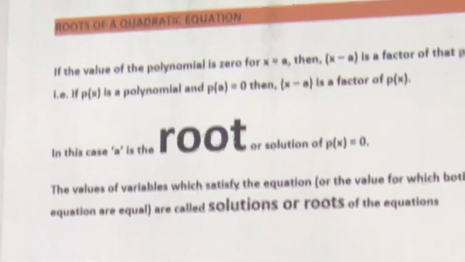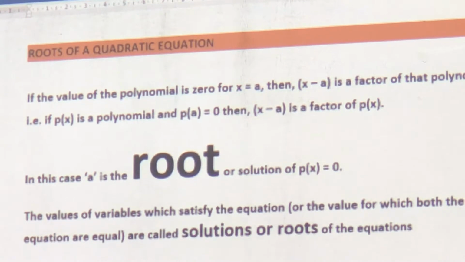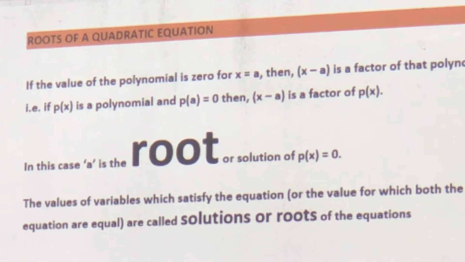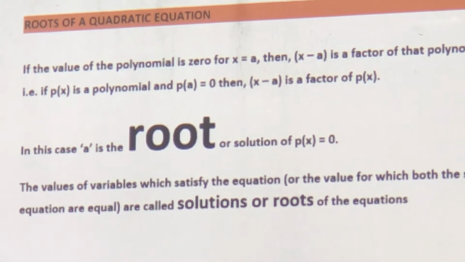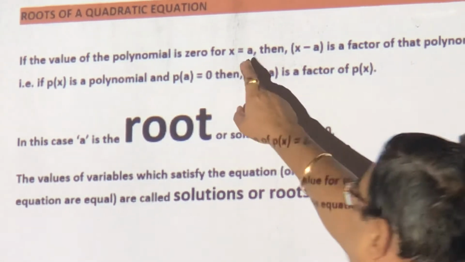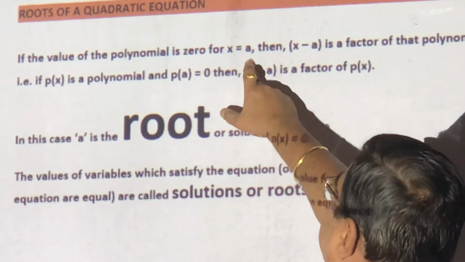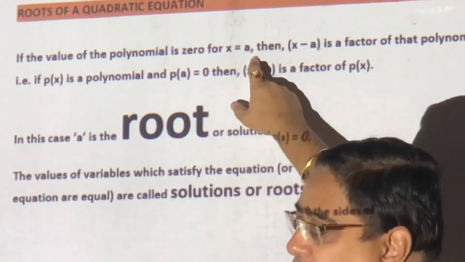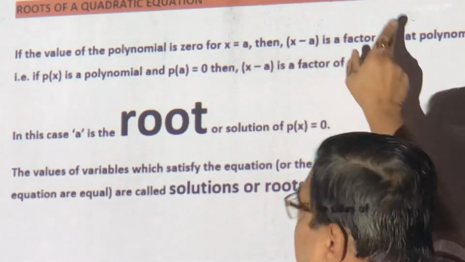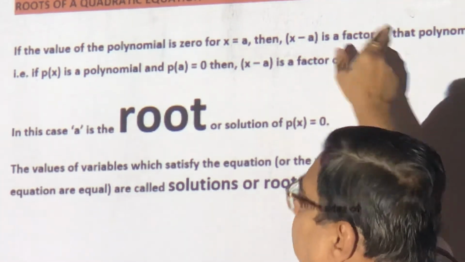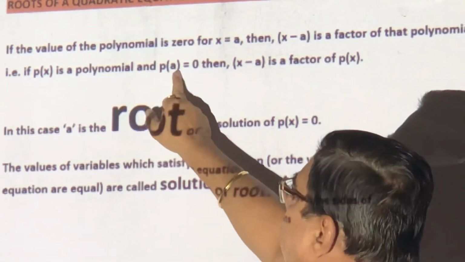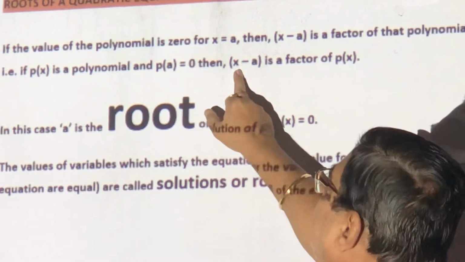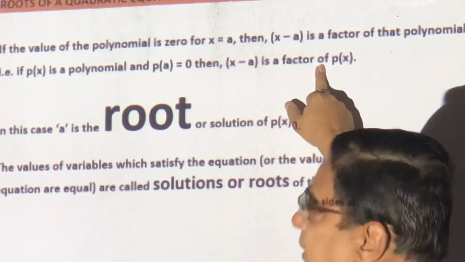Now, what are roots of a quadratic equation? If I have a polynomial, 6x square minus 10x plus 5 is equal to 0. Then, for some value of x, suppose x is equal to 3, if I solve, x minus 3 is a factor. So, if the equation is a polynomial of x, and if I put a, I get 0, then x minus a is a factor.